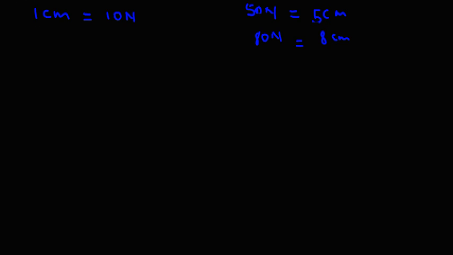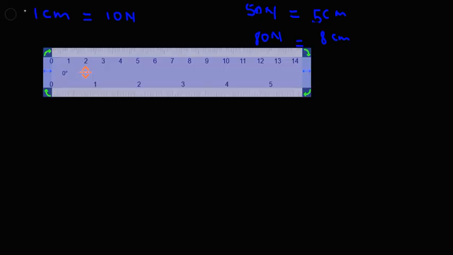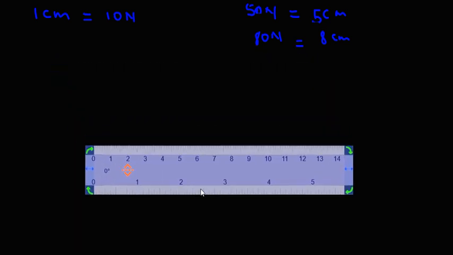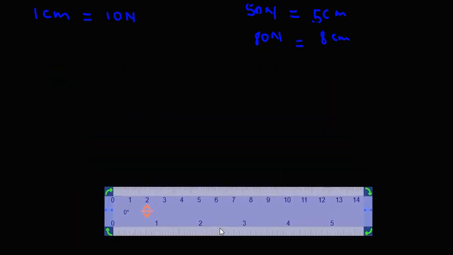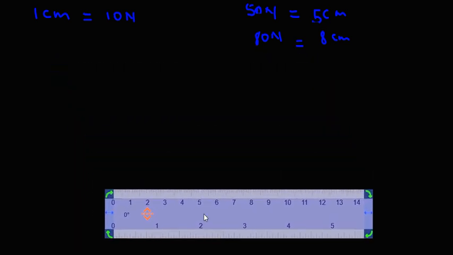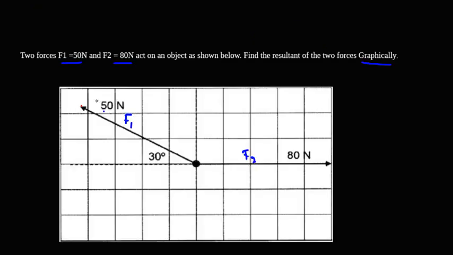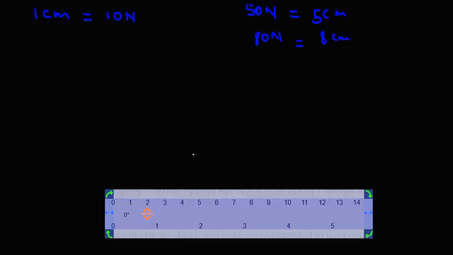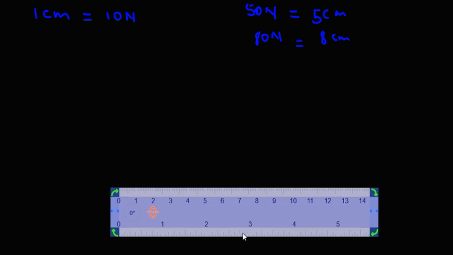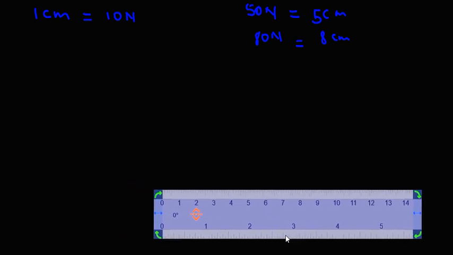Okay, so what I'm going to do now, I'm going to bring my ruler. So I have my ruler on screen. Now at this stage I want to draw my first line, the first vector. It is going to be F2, the horizontal one, so it's going to be 8 centimeters long. Let us draw that one. Let me center my ruler.